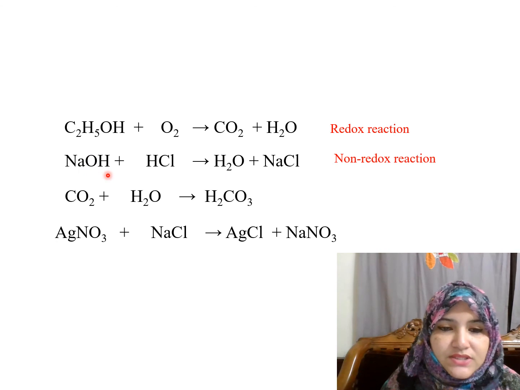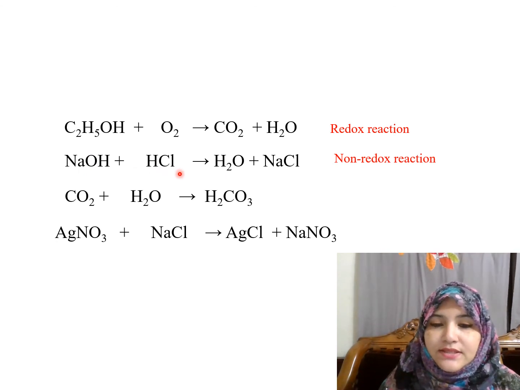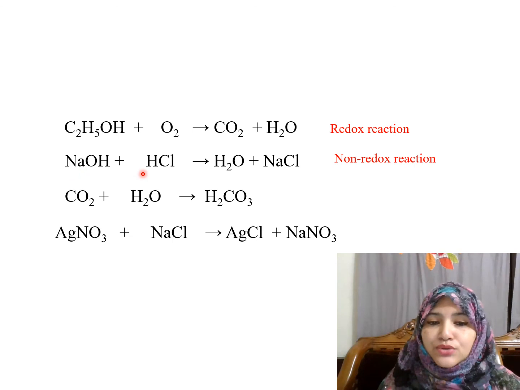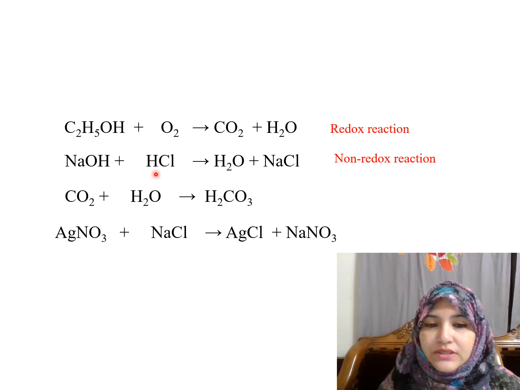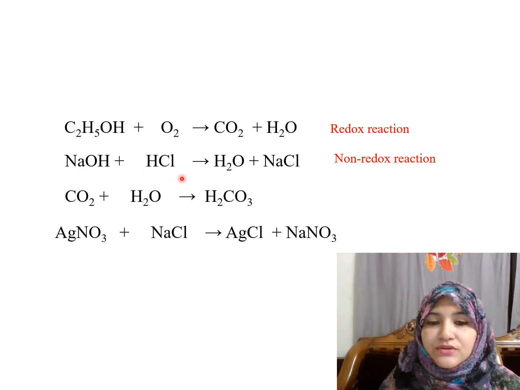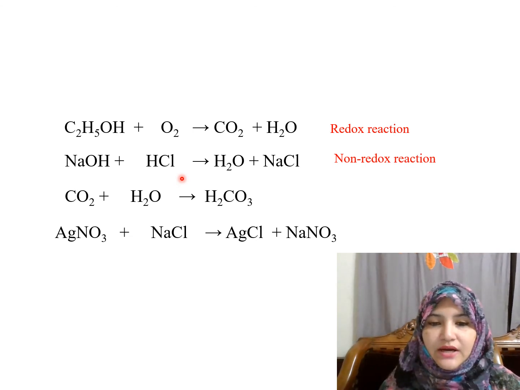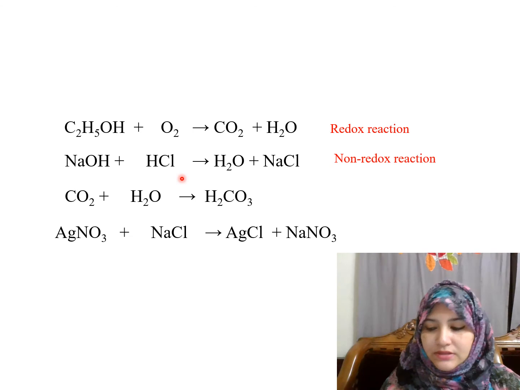Here sodium hydroxide is a base and HCl is a strong acid. They react with each other and produce sodium chloride salt and water. Here no electron transfer occurs, only ion exchange occurs, and by exchanging ions the reaction happens.